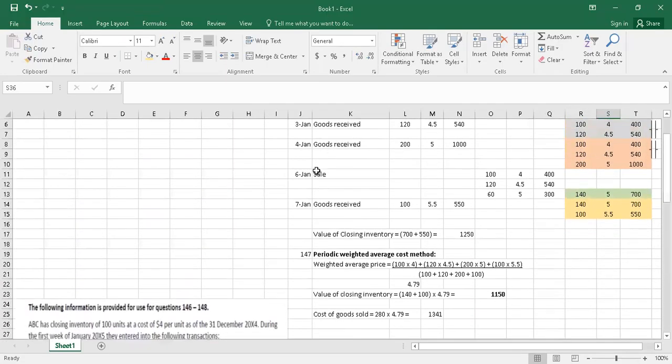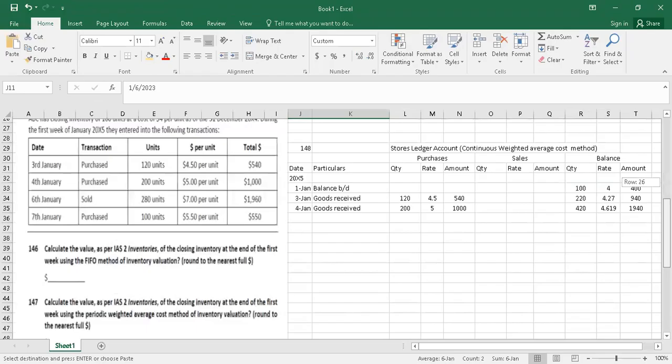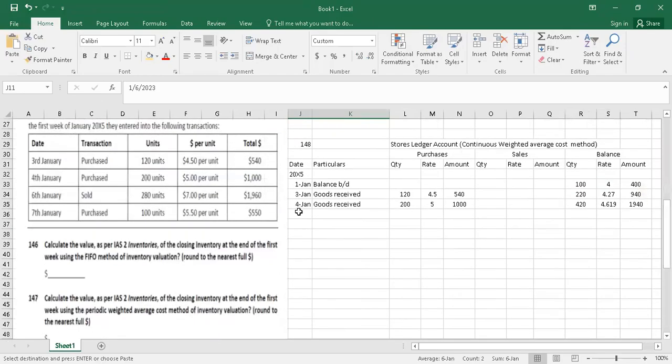Next date, there is a sale on 6th January. For how many units? The number of units that are sold is 280. So the cost of the units that are sold will be charged at 4.6. Round it off and make it as 4.62.